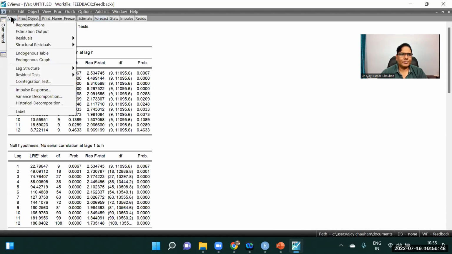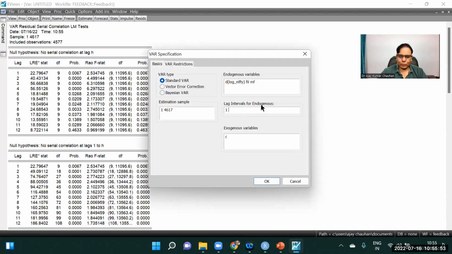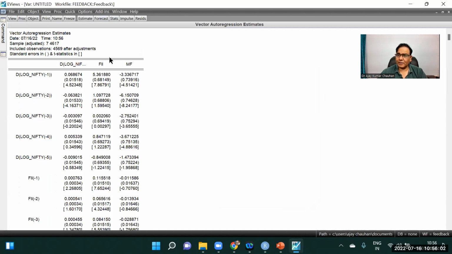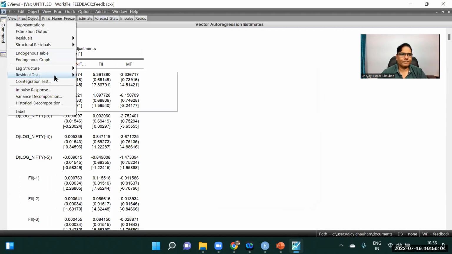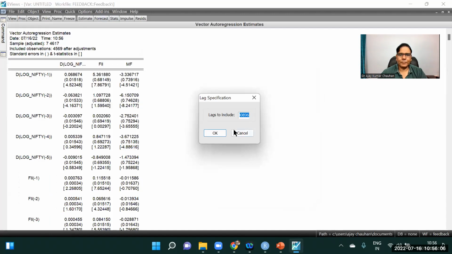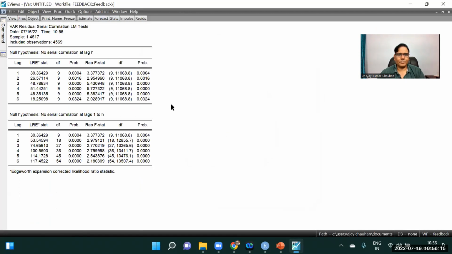And okay, so if we increase the lag to 8 lag, so we have to check what effect it comes on the autocorrelation problem. So it is very highly significant.